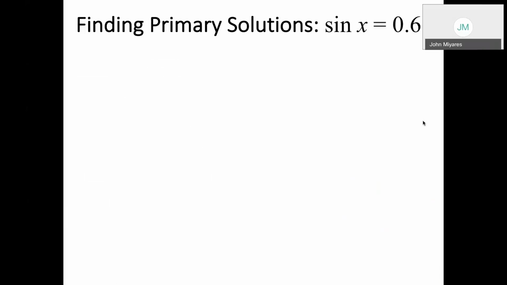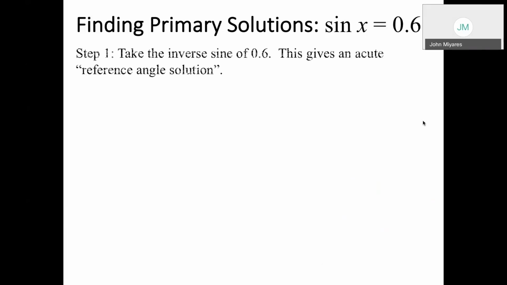Now let's look at where the reference angle isn't going to be one of our special mad-minute angles. Suppose the equation we're looking at is to solve the sine of x equals 0.6. The strategy is going to be exactly the same, but we're going to have to use our calculators to find the acute reference angle instead of just knowing what it is from our mad minutes experience.